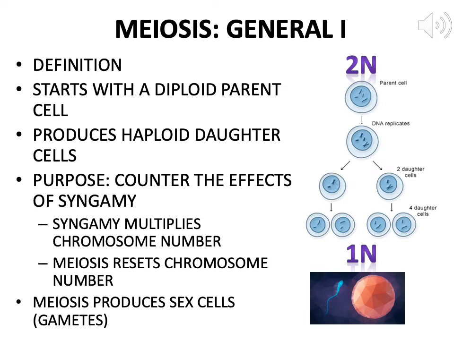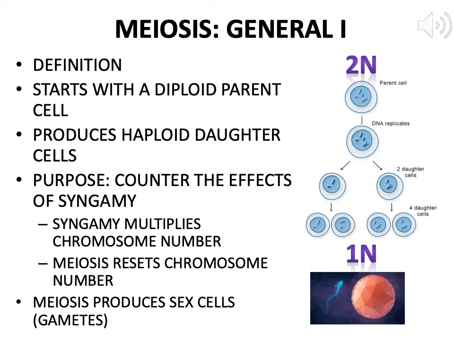If you think about it, syngamy, being a process of fertilization, is going to tend to multiply or amplify chromosome number. And that would be ridiculous year after year for an annual plant, or generation after generation after generation for humans.